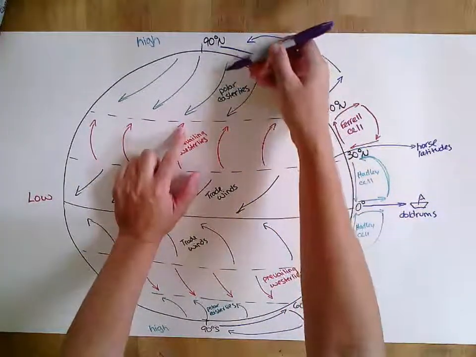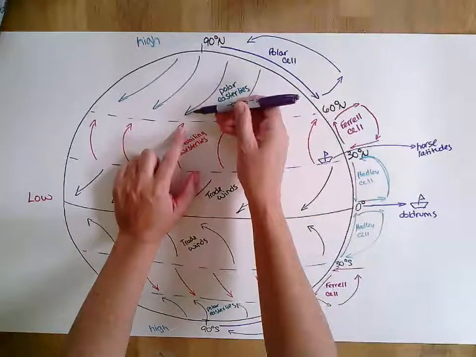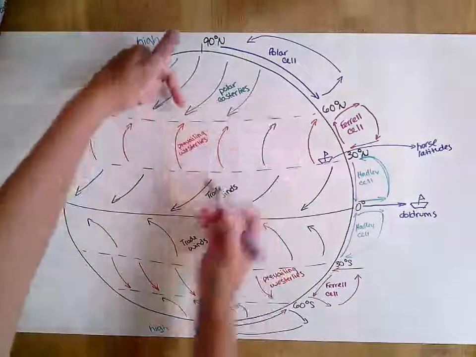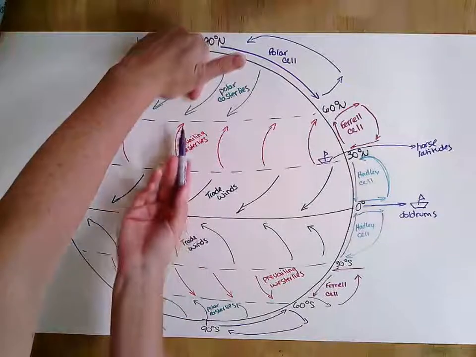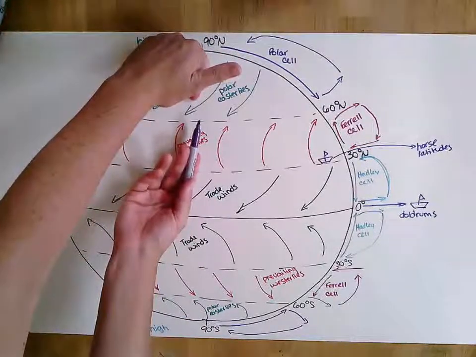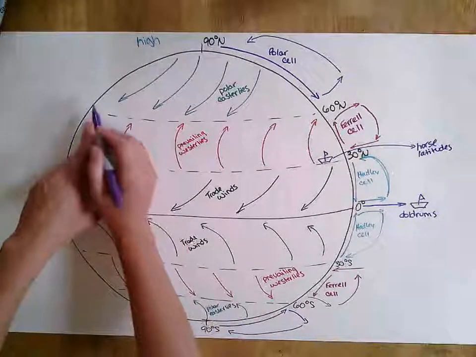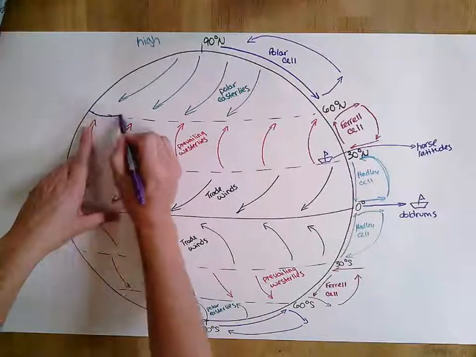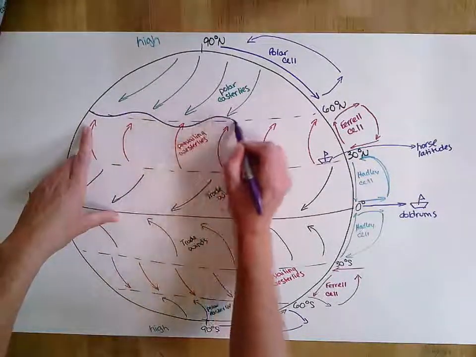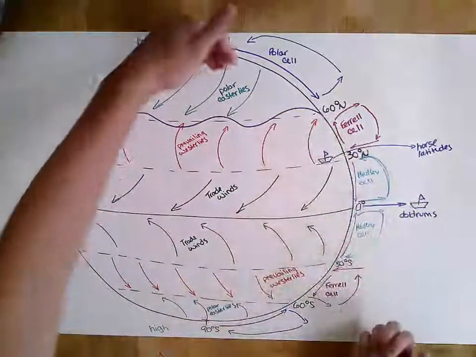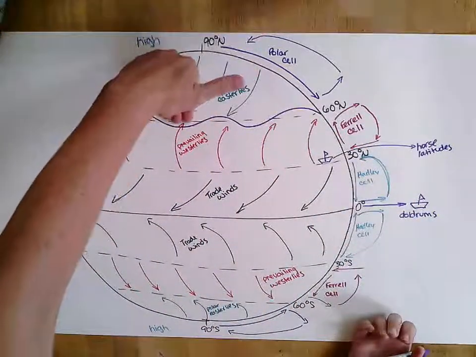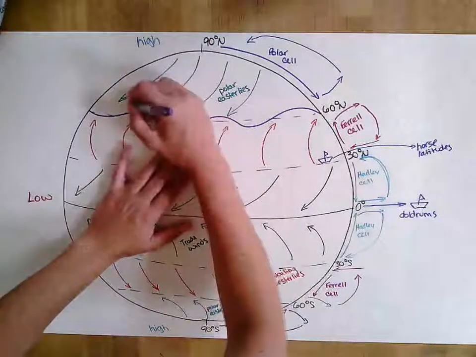So we've got a very cold, very high pressure wind coming this way, and then very low pressure and very warm air coming this way. It creates a wind that moves from west to east, and it's not a straight line really. We call this the polar front, the top half of it is called the polar front.